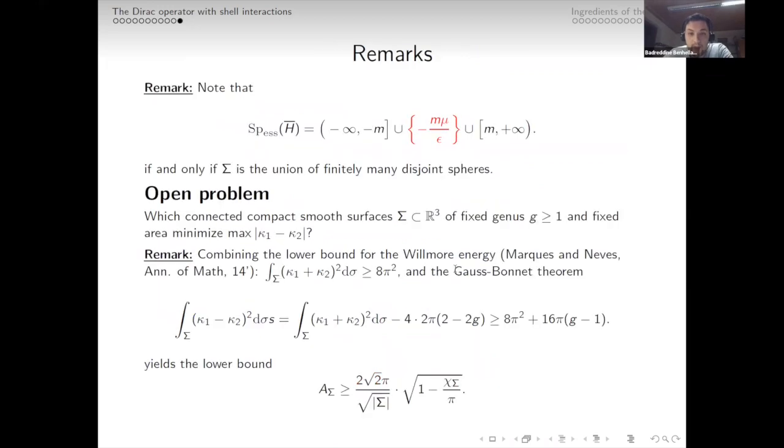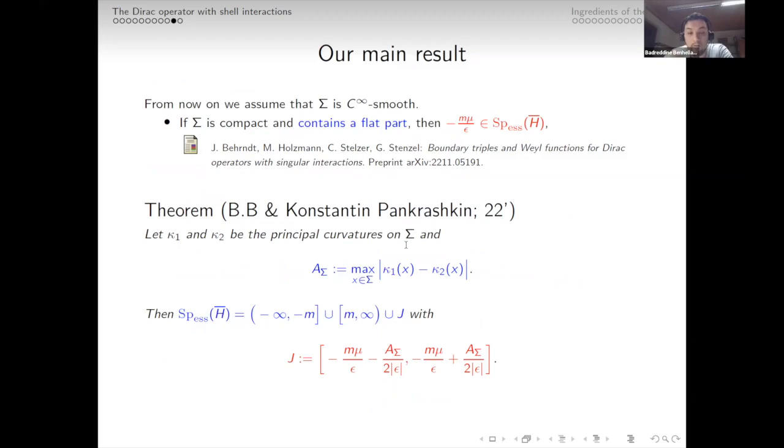Let me just make a couple of remarks. Notice that we have this equality if and only if sigma is the union of finitely many disjoint spheres, because it is a known result from differential geometry that the only surface for which the principal curvatures are equal everywhere is the sphere.